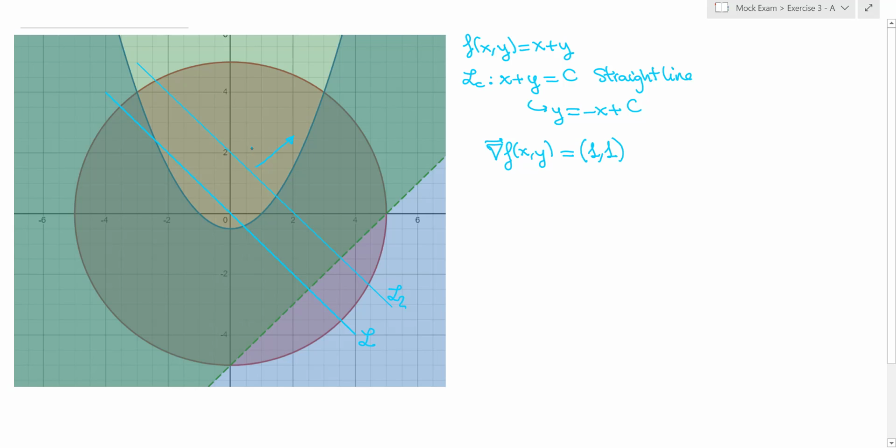So this is the direction of growth. And now, in order to see the minima and maxima, you must see this like a front that is sweeping the region, starting from here. So the first point that you will meet is this one.